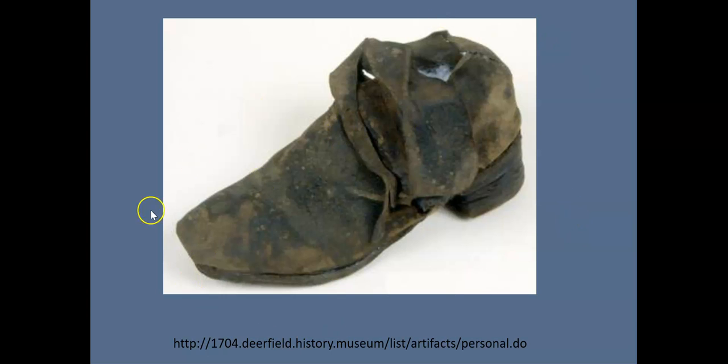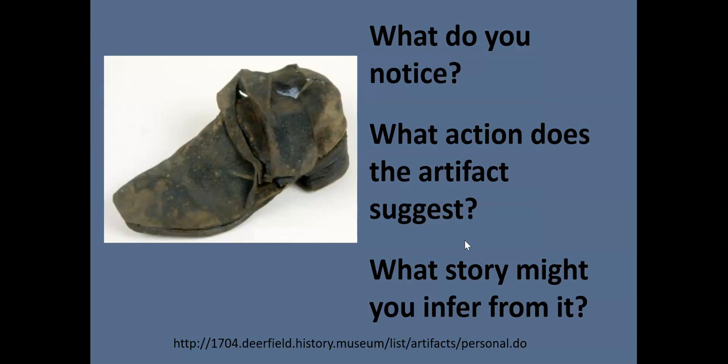Here is our second artifact. So take a look at that. Again, what do you notice about it? How is it similar to the snowshoes, our first artifact, and how is it different from our first artifact? What action does this suggest? When might you be using it? What might you be doing? And what story can you infer? What can you put together from looking at just this artifact?